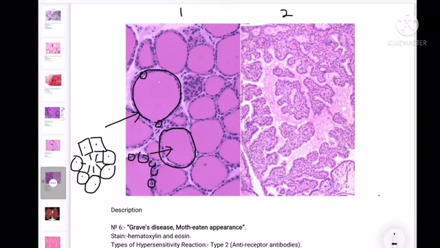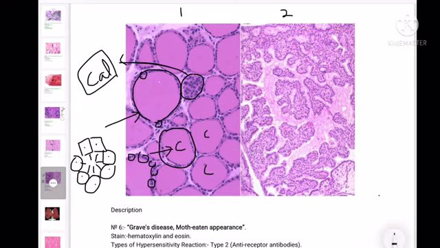So this eosinophilic homogeneous collection inside is colloid. And this group of cells is the medullary cells, which are responsible for secretion of calcitonin. So we have follicular cells and medullary cells.